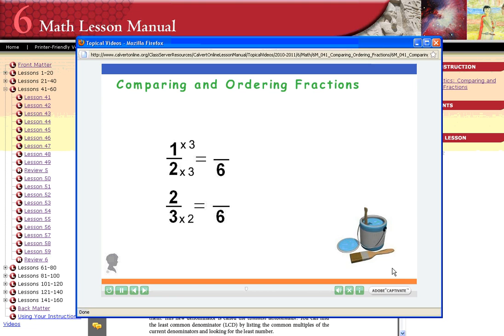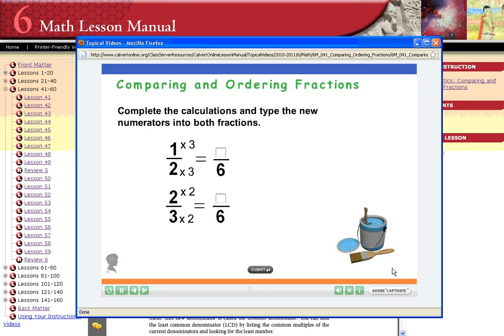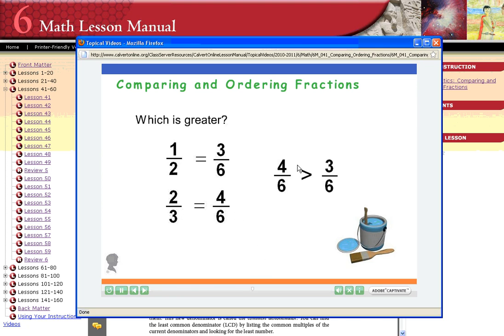In the second fraction, the denominator must be multiplied by 2 in order to obtain 6, which means that the numerator must be multiplied by 2 as well. Complete the calculations and type the new numerators into both fractions. 4/6 is greater than 3/6, so 2/3 must be greater than 1/2.